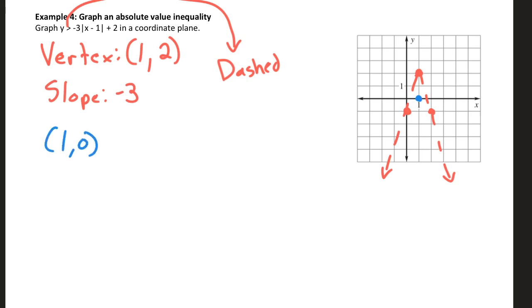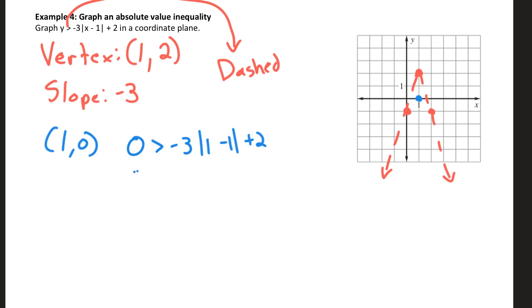So to test this, y is 0, x is 1. The way I'd write this is 0 has to be greater than -3 times the absolute value of x minus 1, plus 2. The x value is 1.